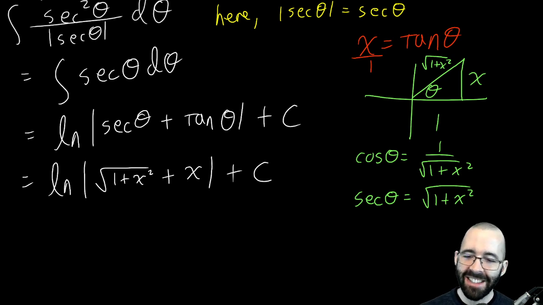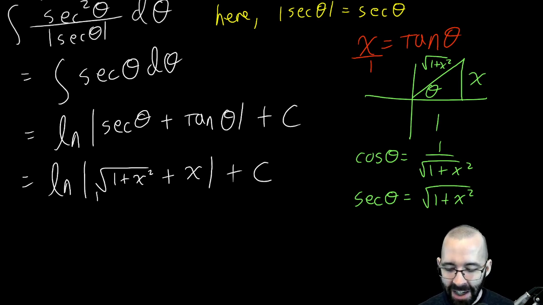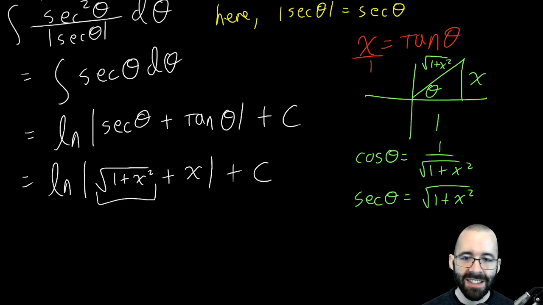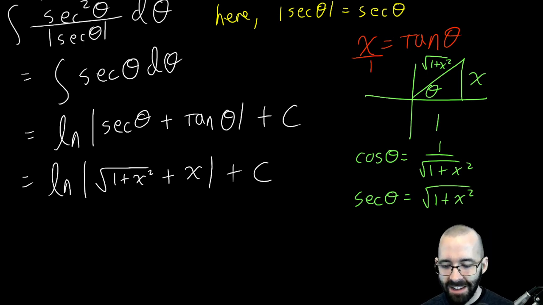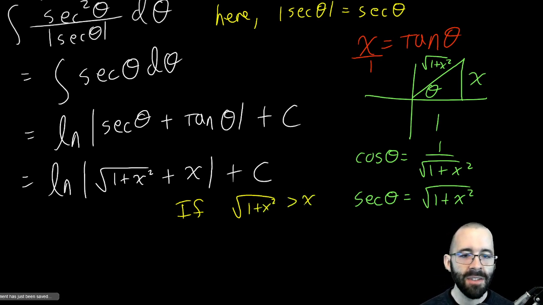And the question is, are these absolute values necessary? X can be positive or negative, but we know this is always positive. So the question is, is this bigger than x? Right? If the square root of 1 plus x squared is bigger than x, then we don't need the absolute values.